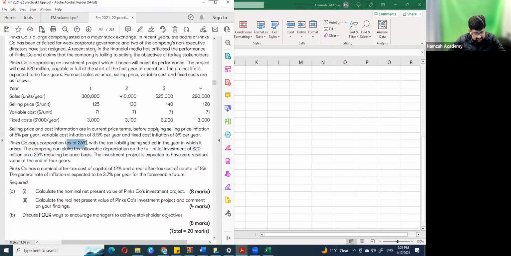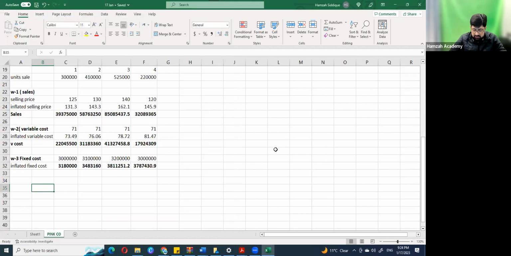Tax rate is this. Tax liability settled in the same year. Tax capital allowance on the initial investment on 25% reducing balance basis. And the investment project is expected to have zero value at the end.